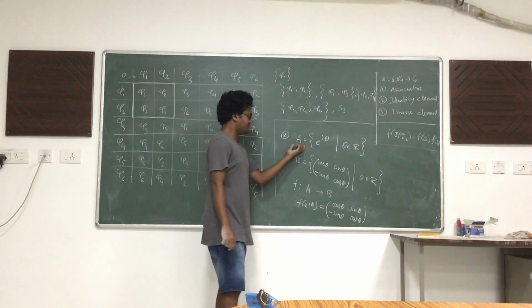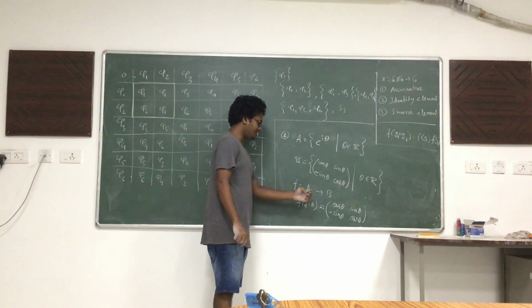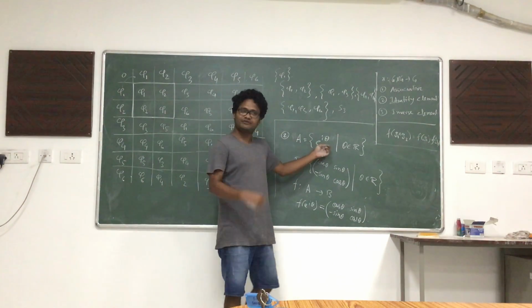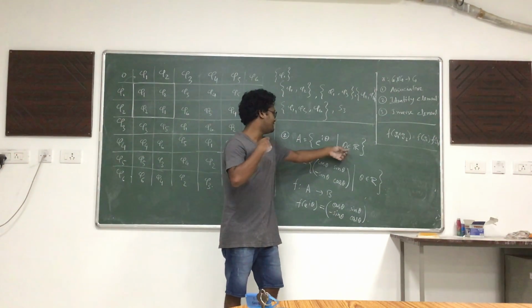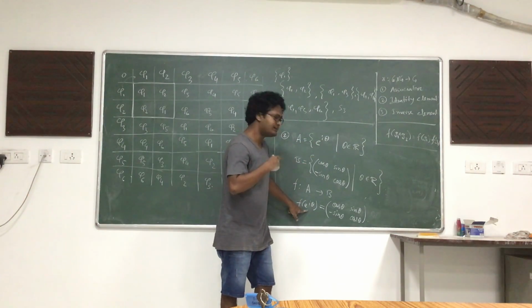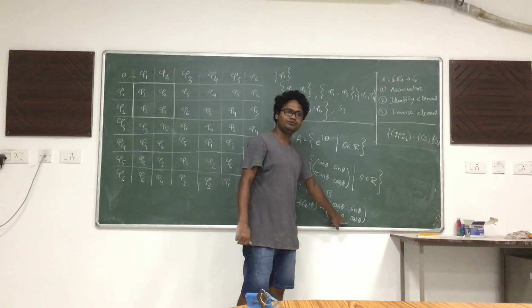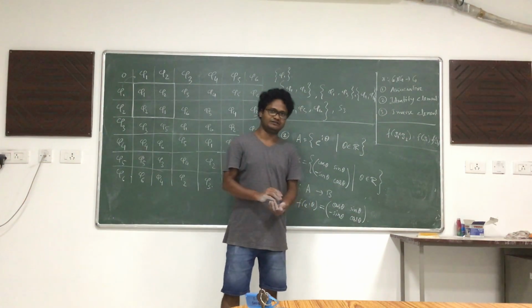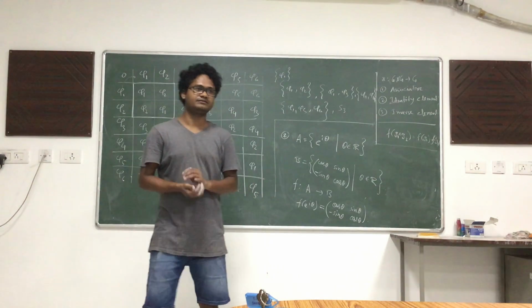So you take one element from A, which is characterized by this angle theta, and you send that element to precisely cos theta, sin theta, minus sin theta, cos theta.